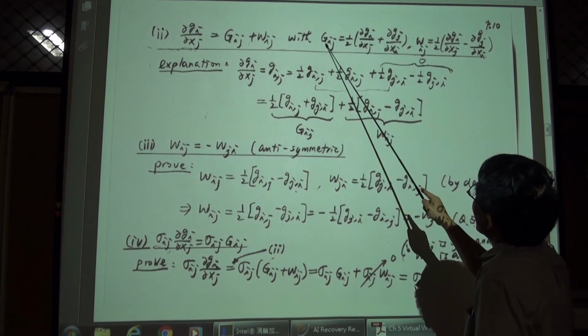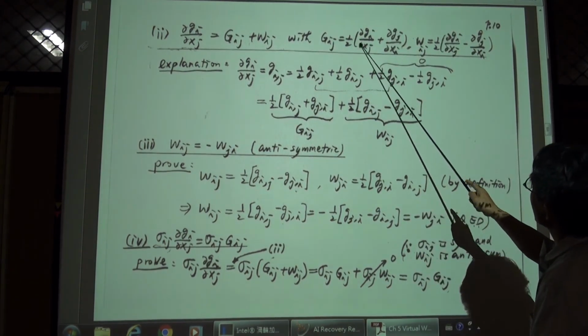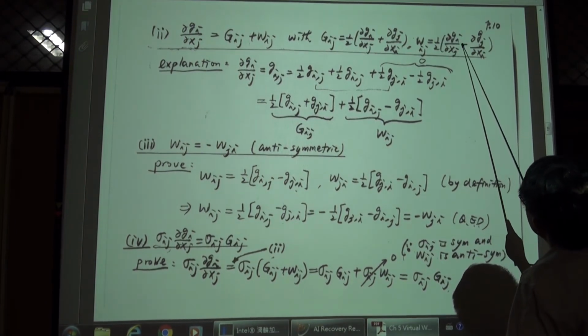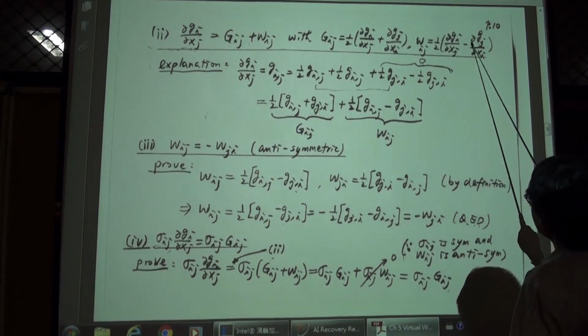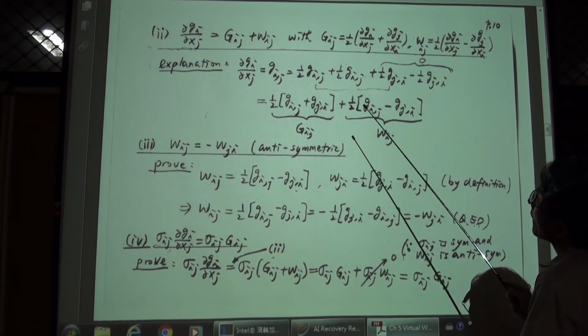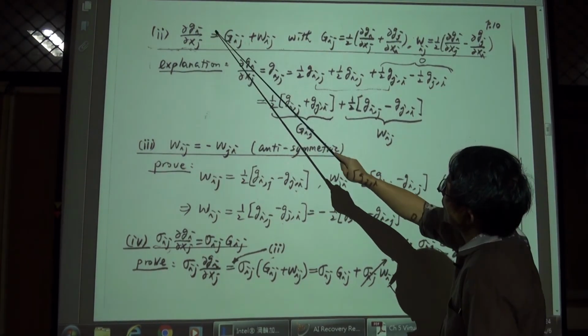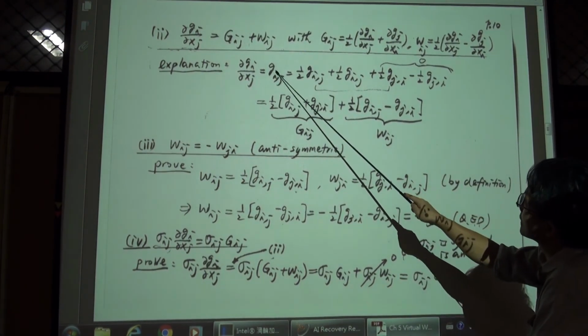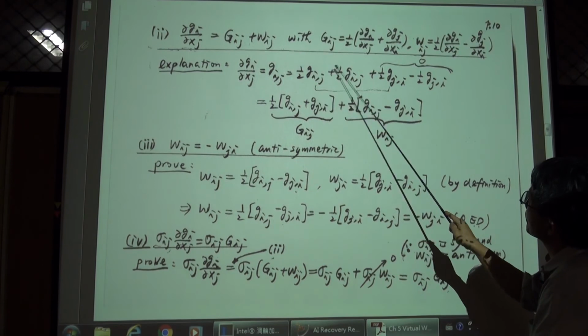This is a little bit like the classical strain. This is the notation. We have this one minus this one. Okay, and then we have this term equal to this term, and then this term. This term is just this term, and this term equal to 1/2, 1/2.